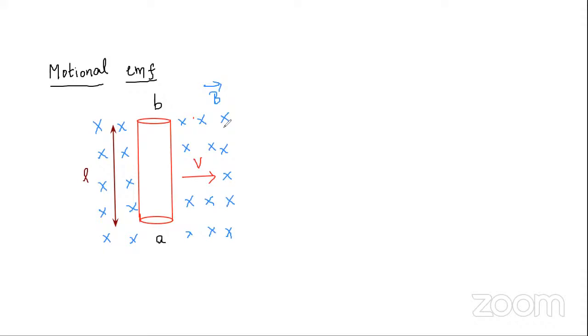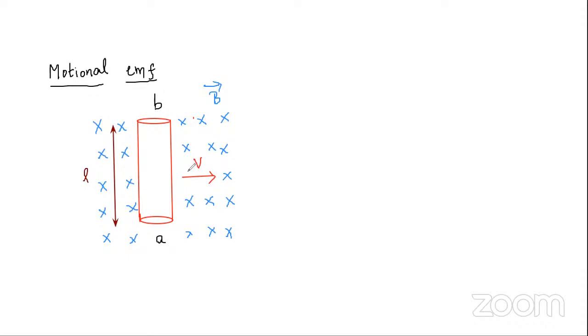So how can you calculate the EMF? When this rod moves with velocity v in this magnetic field, an EMF is induced in the rod. That EMF is called motional EMF.